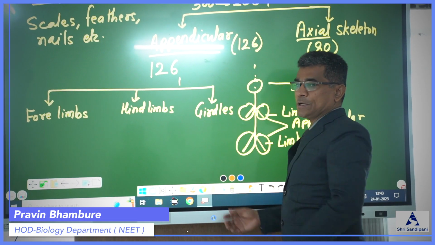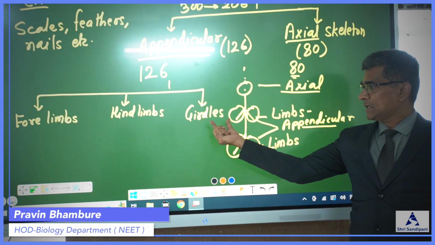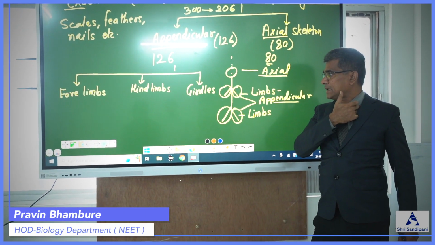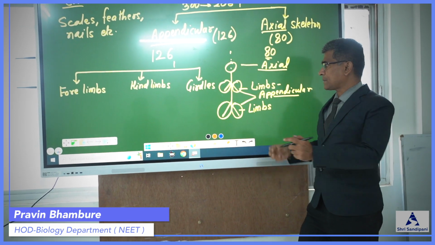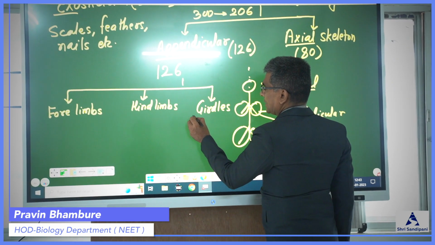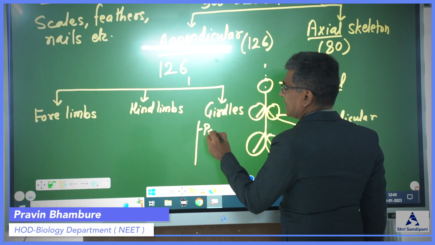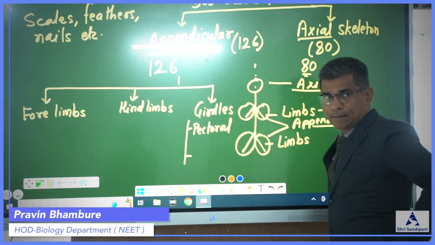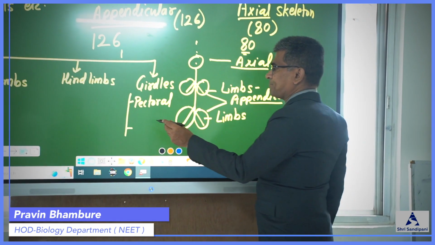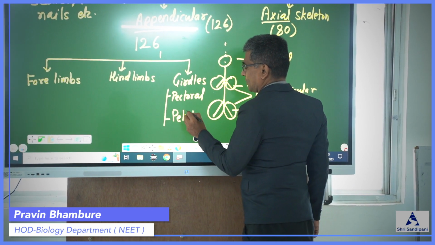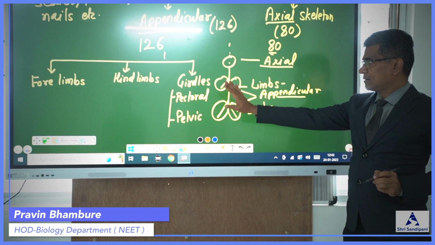This term could be new for all of you, girdles. In our chest, there are 2 bones over here and 2 triangular bones. They are called scapulae. So there are 2 girdles. One is the pectoral girdle, and the hip part of ours is called the pelvic girdle. So these are the basic girdles.